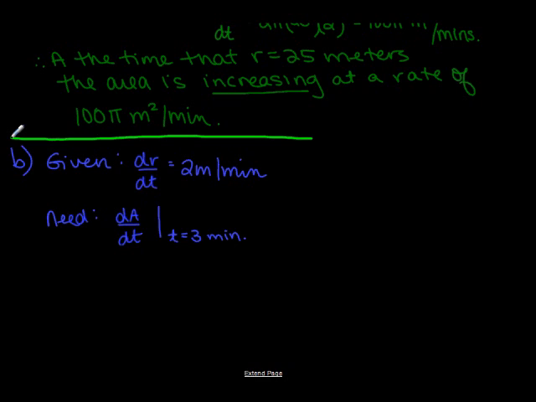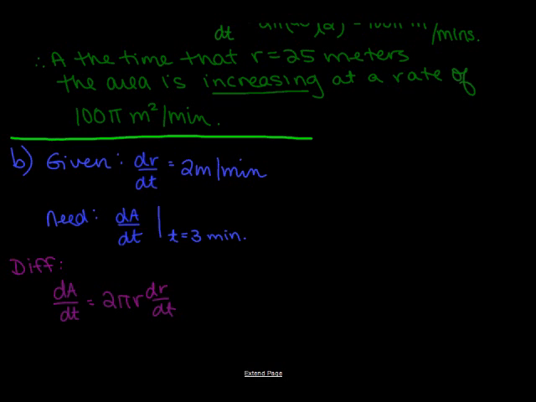Okay, so now that we have the givens and our needs, the equation we're using is exactly the same as the previous part. So our derivative equation was dA dt was equal to 2 pi r times dr dt. All right, so we're solving for dA dt when time is equal to 3 minutes.